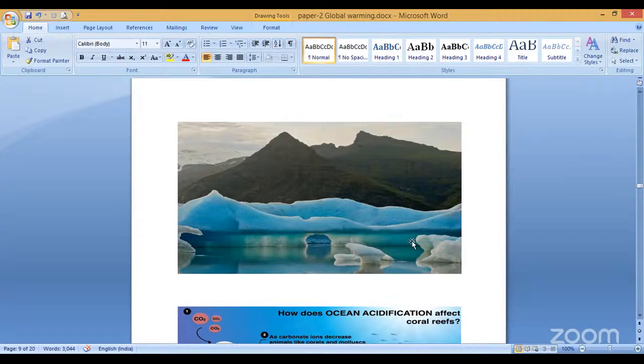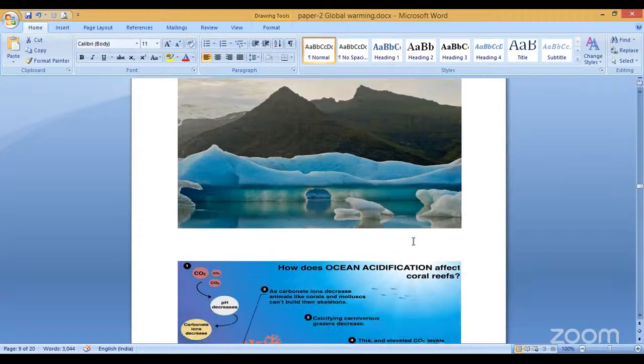But due to global warming, the temperatures are increasing, the ice is going to melt, and then what will happen?